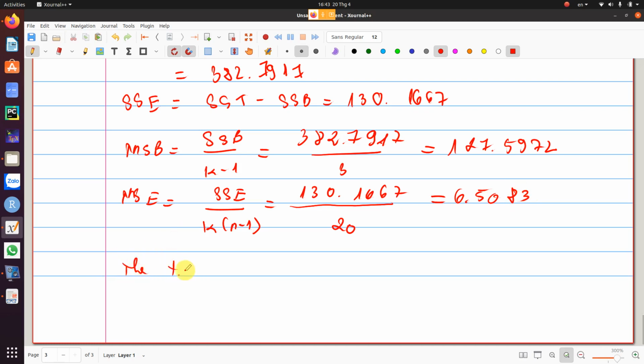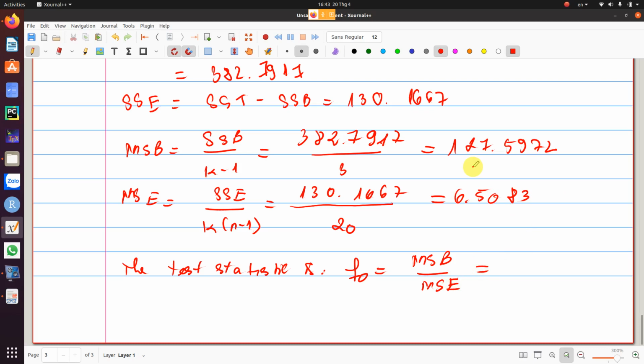The test statistic is F0 equals MSB over MSE equals, you already have the values here.